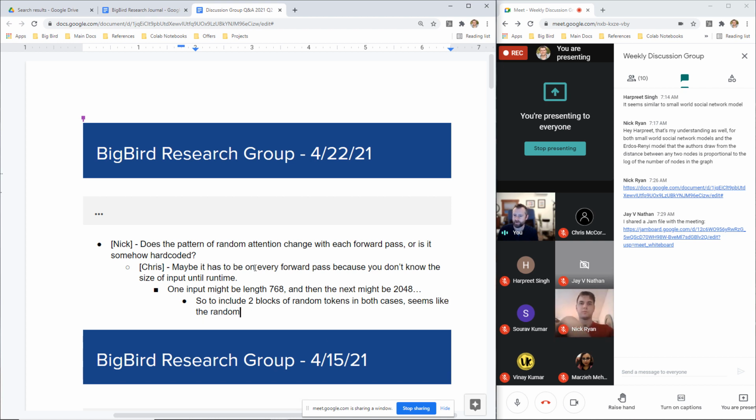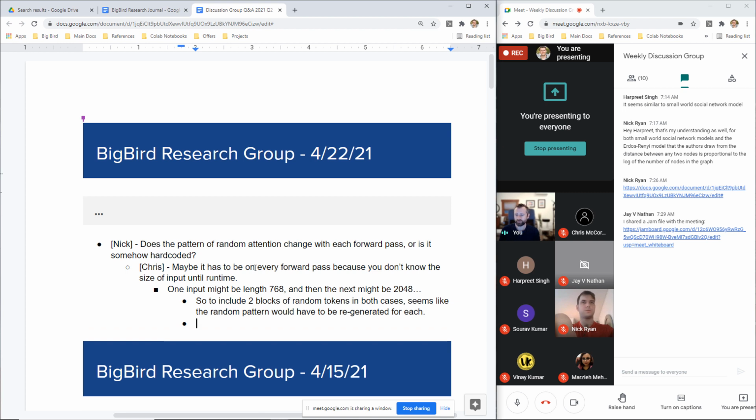Seems like the random pattern would have to be generated on the fly, regenerated for each. So that's my conjecture. But yeah, that's a good question.